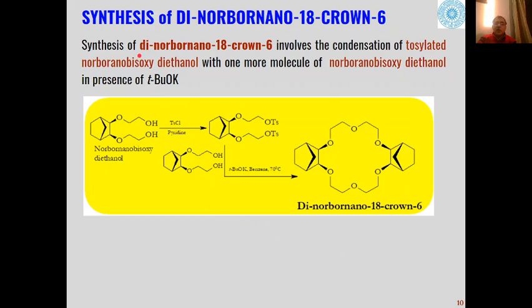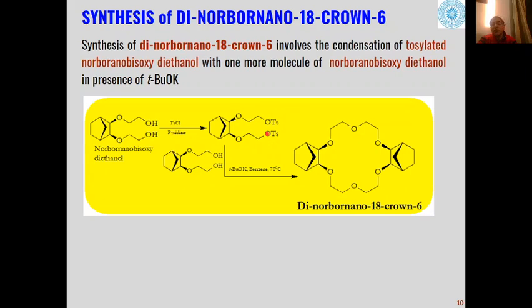Then di-norbornano 18-crown-6 can be synthesized through this combination. So when this diethanol derivative, norbornano bisoxy diethanol, is reacted with tosyl chloride in pyridine, the tosylate of this diethanol will be formed, and here tosylate is a good leaving group.